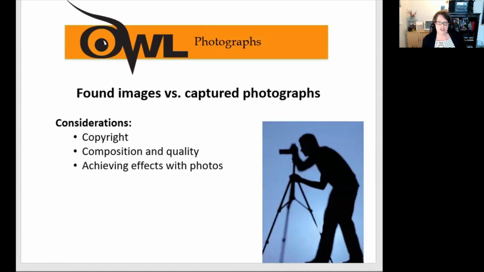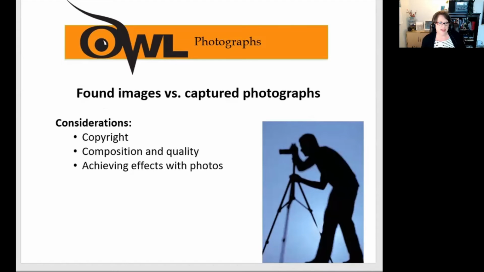And of course, photographs. We have found images versus captured photographs. And again, this all comes in consideration of copyright, fair use, that kind of thing. With technology forever changing, we have digital cameras, phones, scanners, and other imaging devices that make it really easy for us to incorporate photographs now.